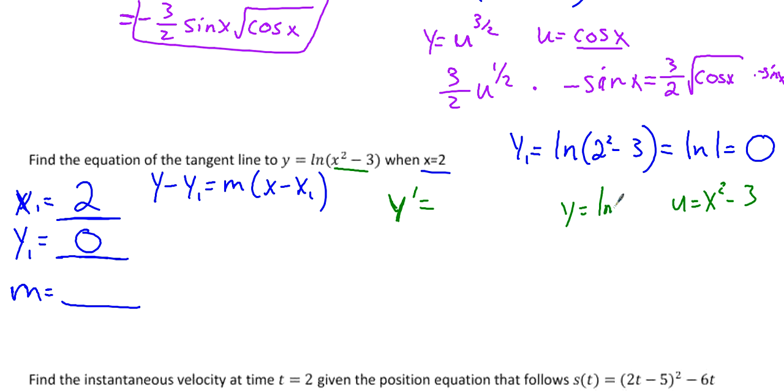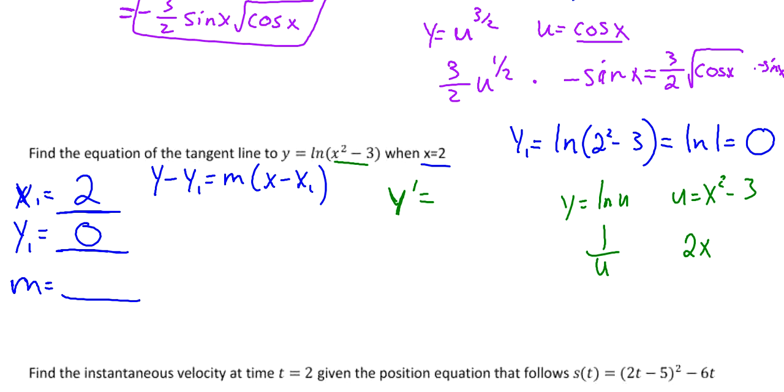Y equals the natural log of u. The derivative of the natural log of u is 1 over u. The derivative of x squared minus 3 is 2x. We multiply these, and again, we plug u back in. So we get 2x over x squared minus 3. So that is my derivative, 2x over x squared minus 3.